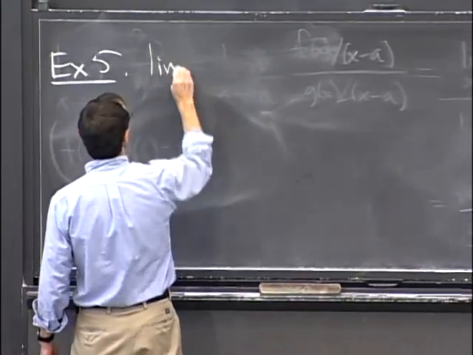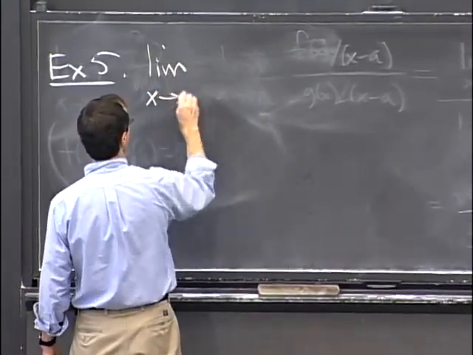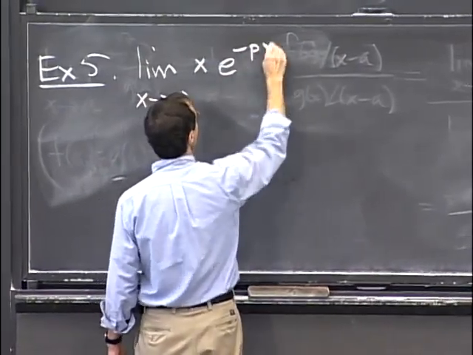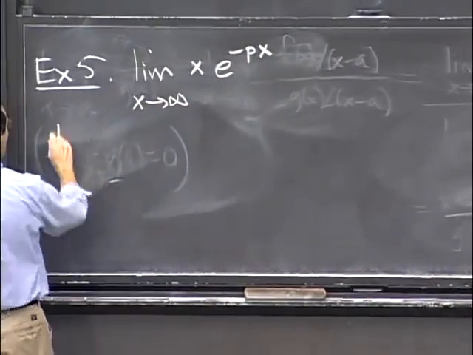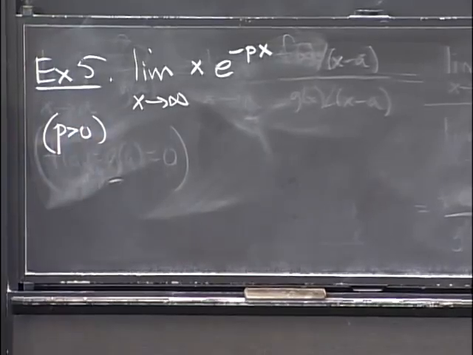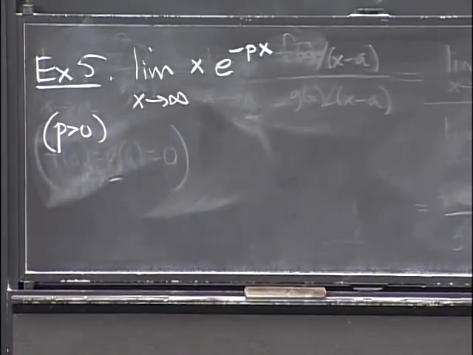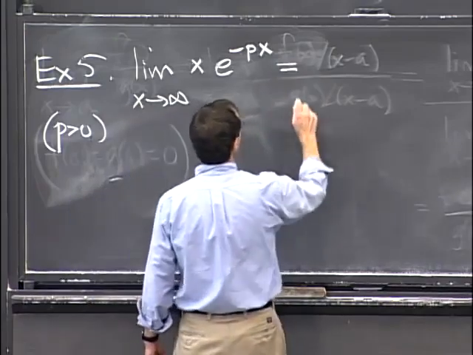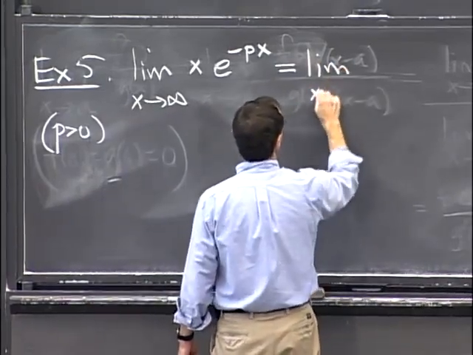So I wrote down the limit of x e to the minus x, but I'm going to make it even more general. I'm going to make it any negative power here, where p is some positive constant. Now again, this is a product of functions, not a quotient, a ratio of functions. And so I need to rewrite it.